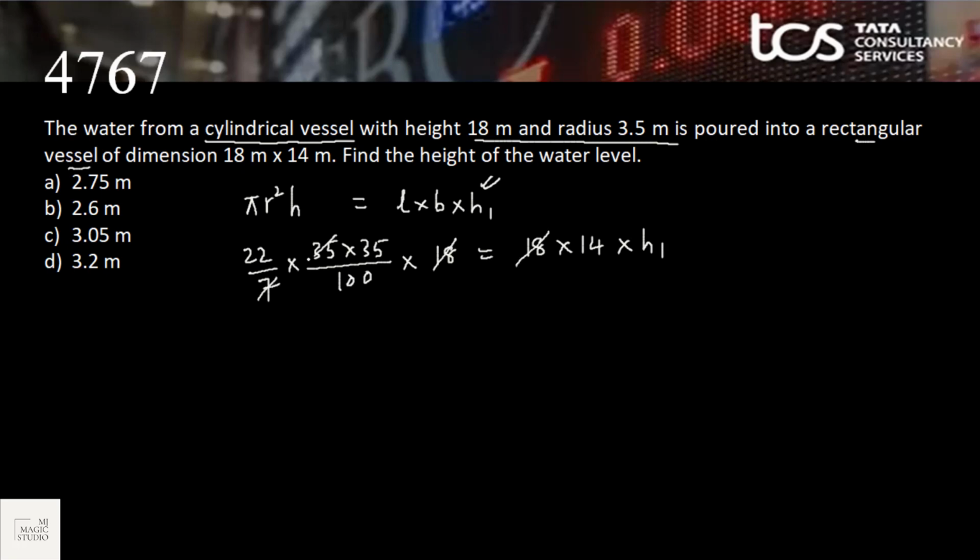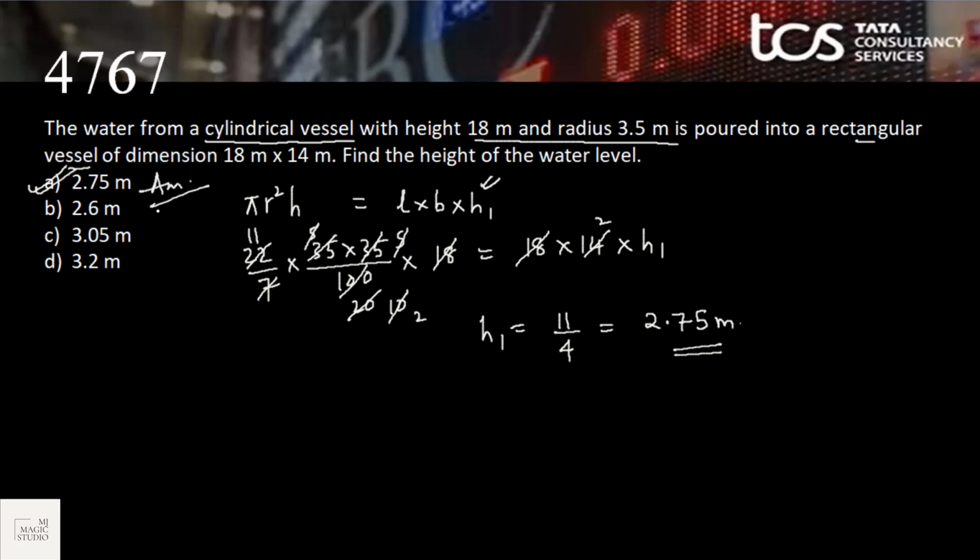Cancelling terms, H1 equals 11 by 4, that is 5.5 divided by 2, that is 2.75. So 2.75 meter is the height of the water level in the rectangular vessel. Option A is the pick here.